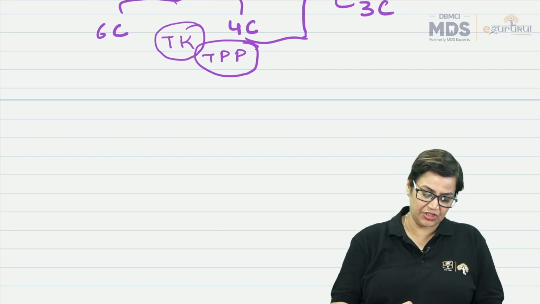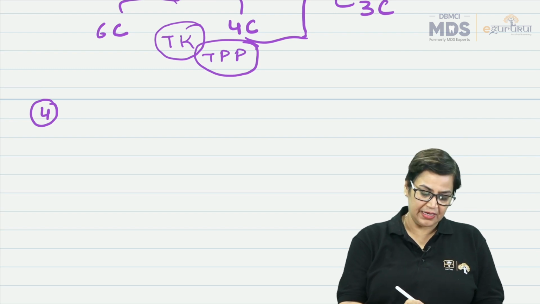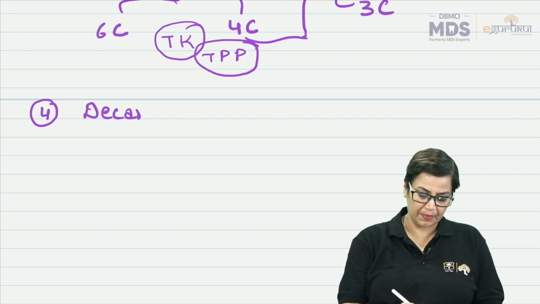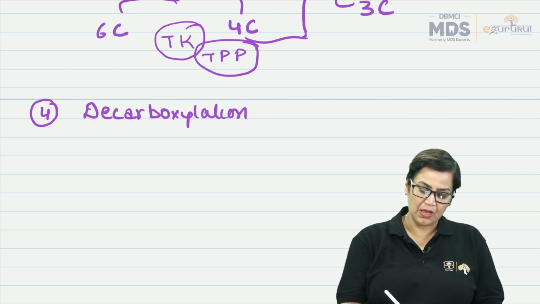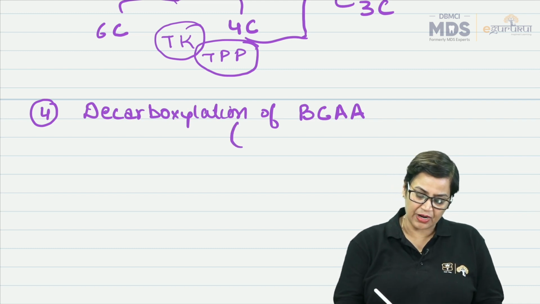And the last reaction, reaction number 4, is decarboxylation of branched chain amino acids, BCAA.